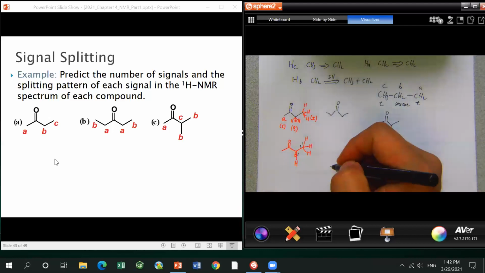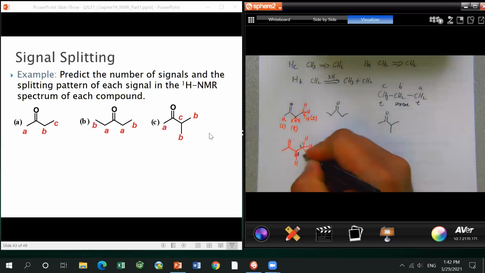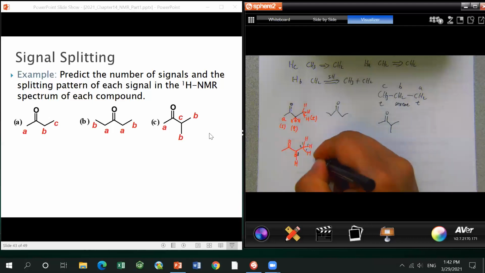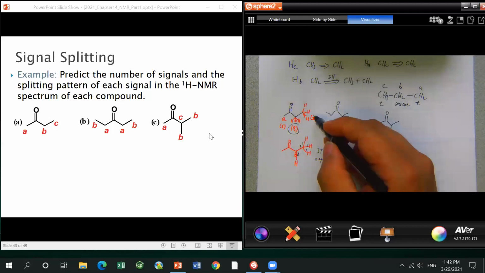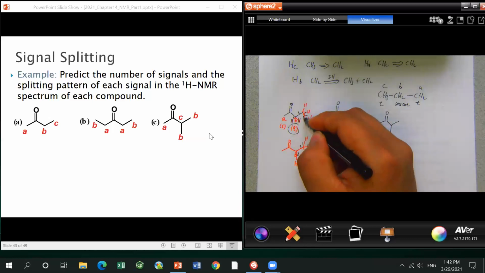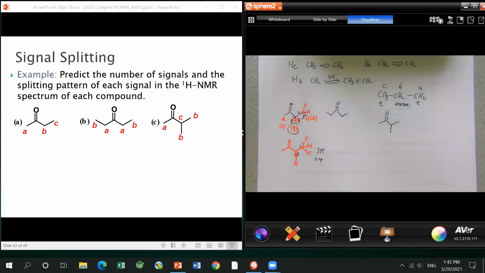There are 3 protons in total, so 3 plus 1 is 4, that's a quartet. Same thing for C. C also has 2 protons three bonds away, so 2 plus 1 is a triplet. So the n plus 1 rule, three bonds away.